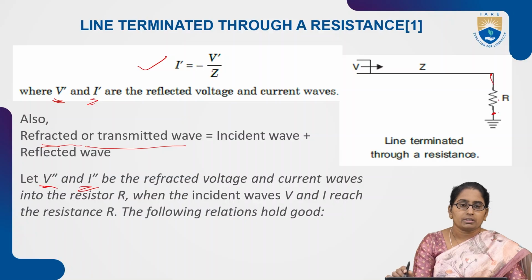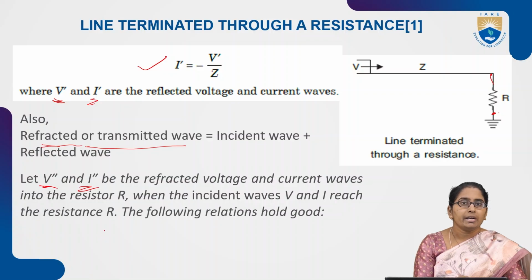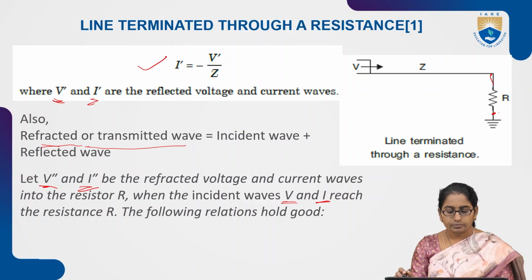So at the receiving end, the total value of voltage and current is called the refracted or transmitted wave, which is the sum of the incident wave and reflected wave. Let us say the refracted voltage wave and current wave are V double dash and I double dash. We already know V and I are the incident waves.